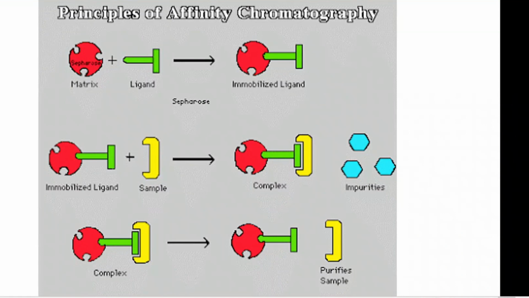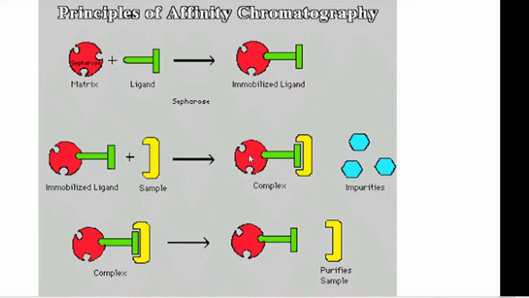The sample contains many molecules, including non-specific molecules and specific molecules. Specific molecules always have the capacity to bind with the ligand, so they get attached, and you can see the matrix, ligand, and molecule complex.